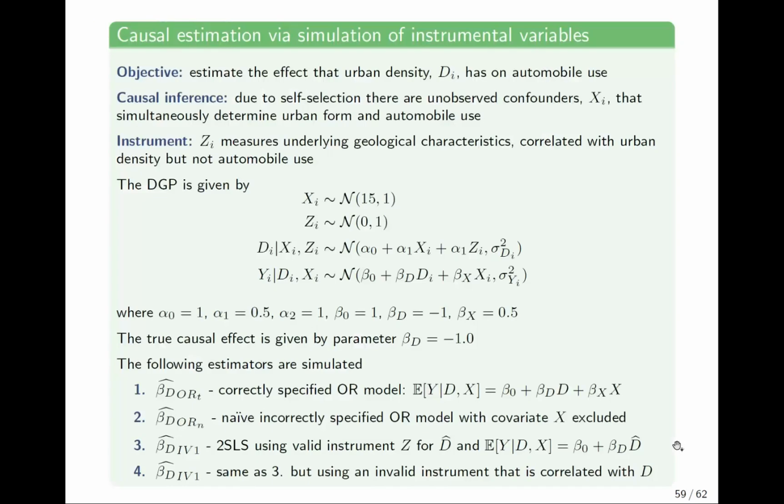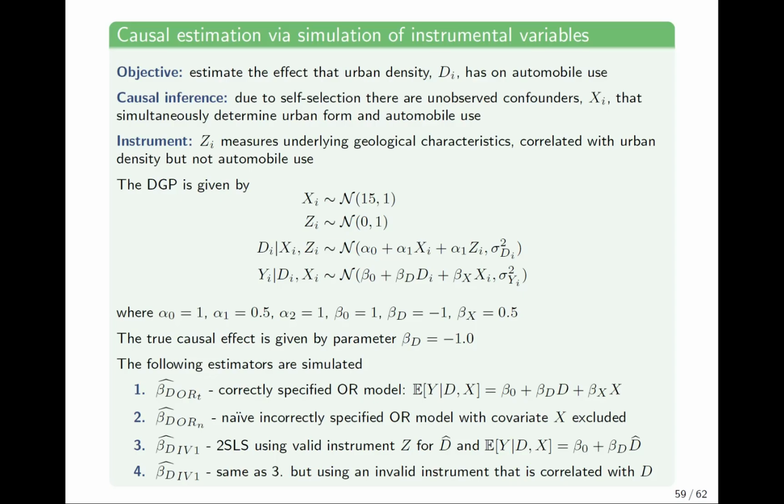Okay, so let's introduce a final example to demonstrate instrumental variables. Again, using simulation for the same reason we did previously, because we need to be able to establish that causality is genuinely being uncovered by the model, so we need to control the data generating process.